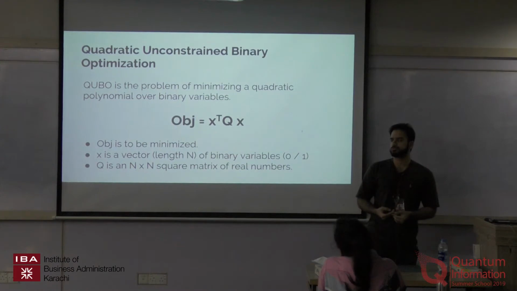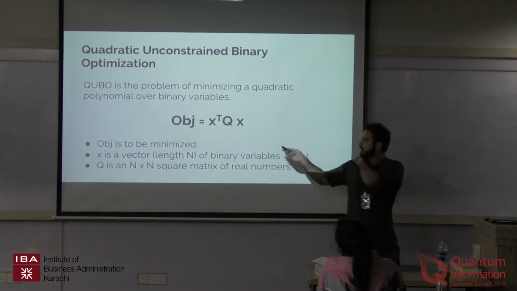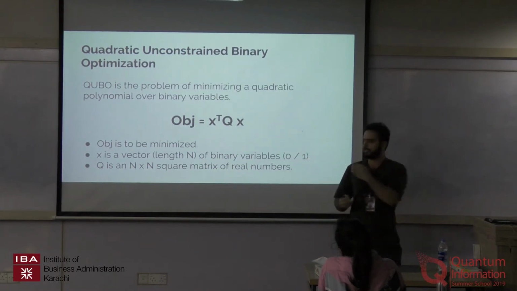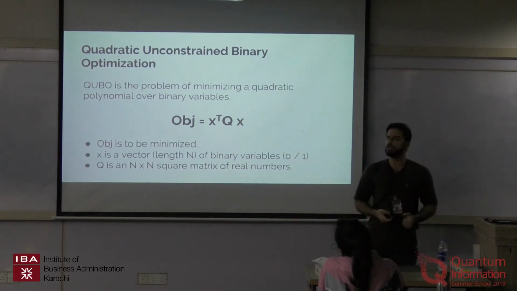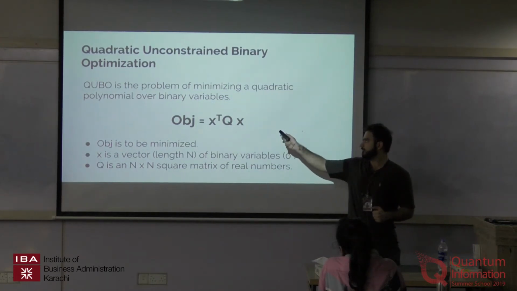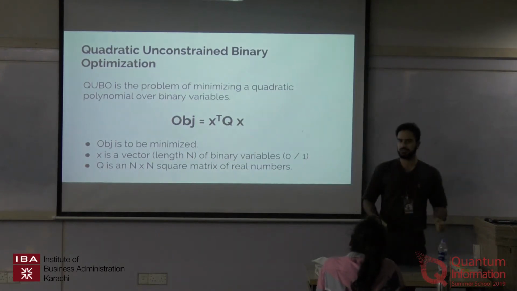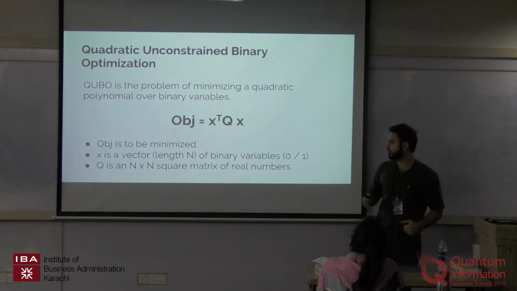So for example, you can only have ones and zeros, and you have this little equation here which is basically a condensed form of a quadratic polynomial, and the x vector is a vector of binary variables, x1, x2, x3, all are binary variables, and Q is a square matrix of real numbers. So x you have to find, the vector x, and Q you are given. Q is basically the definition of the problem. All the information of the problem is condensed into the Q matrix.